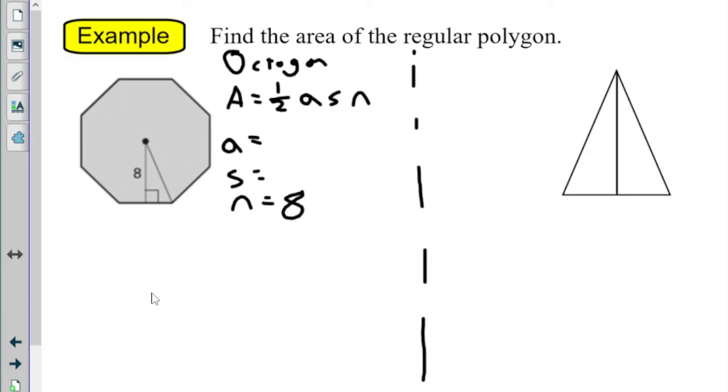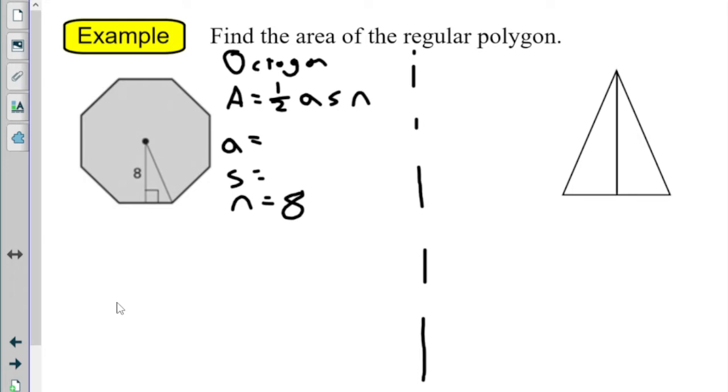So there's one of the things we know already, is our number of sides. Our number of sides is 8 because it's an octagon, and an octagon has 8 sides. Remember that number of sides is in our formula because that's how many of these triangles are built. There's one triangle for each of these sides here.